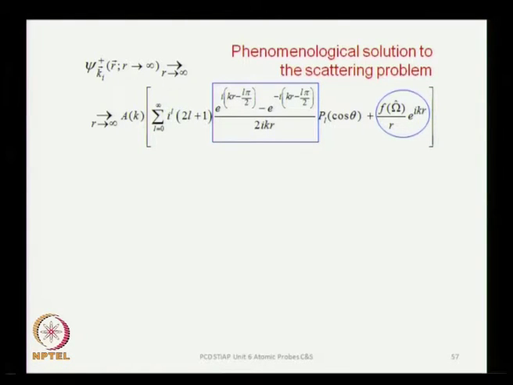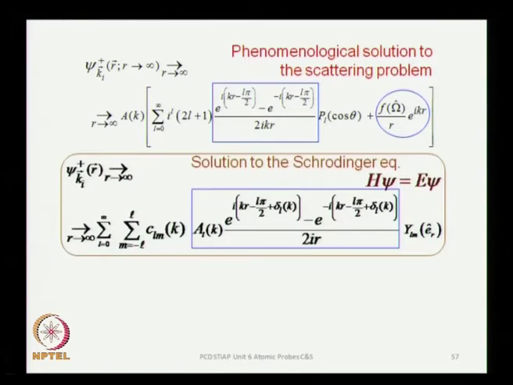I will go through some of the essential steps just to reinforce the point. You had the total wave function, which was written in terms of the spherical harmonics and the Bessel functions with appropriate boundary conditions, and here there is a phase shift delta coming due to the potential, and then these C_lm were the unknown coefficients.